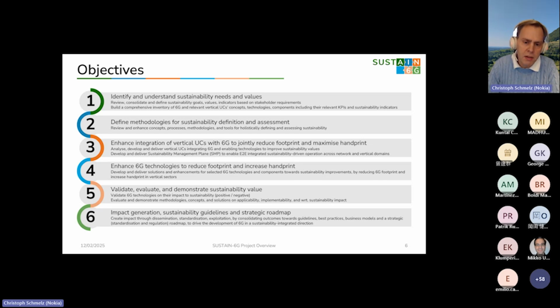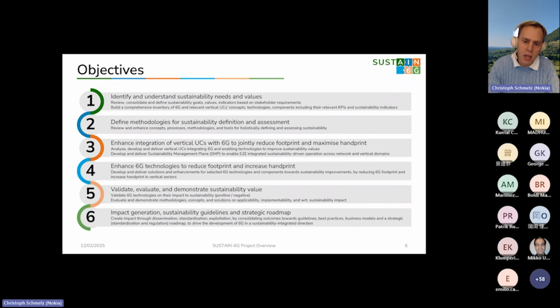Key reason behind that is that looking at the requirements from those scenarios, they cover a quite large number of performance KPIs for the network itself, but they also cover a large variety of sustainability goals. Agriculture has a lot to do also with environmental impact, but also societal impact.